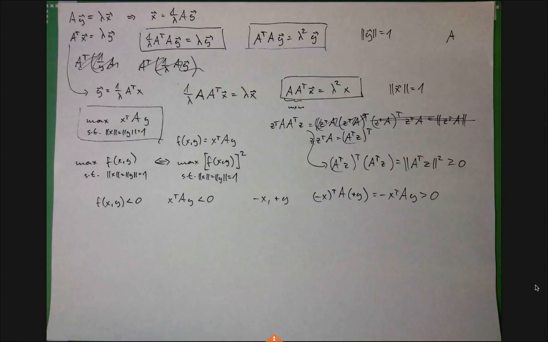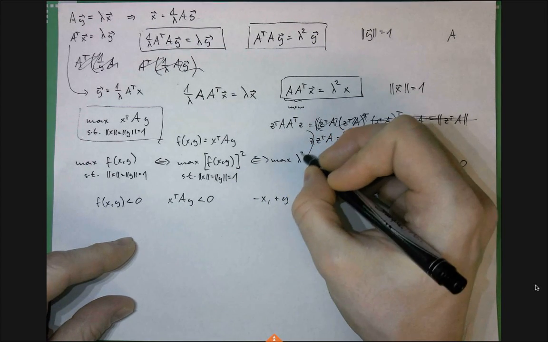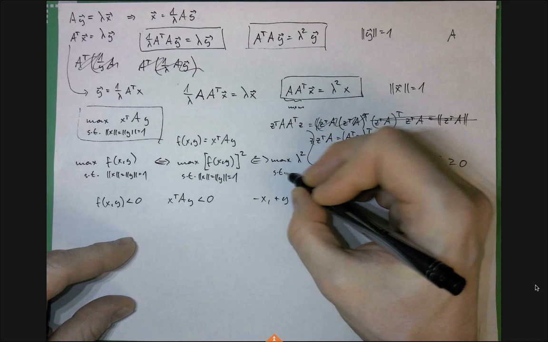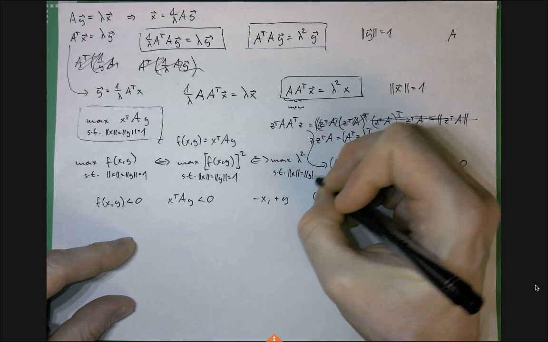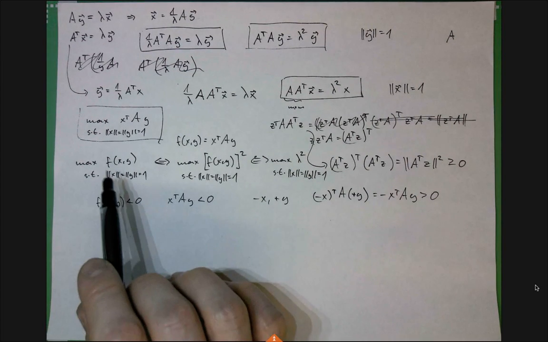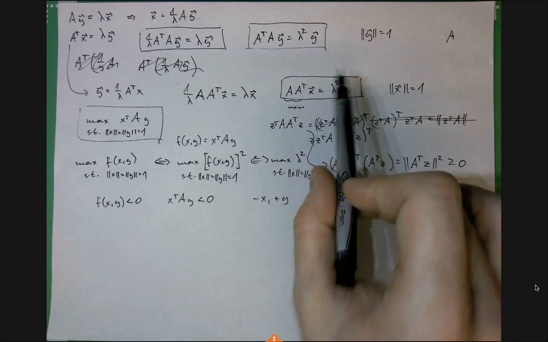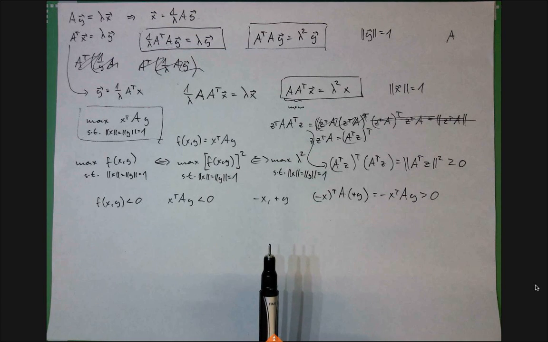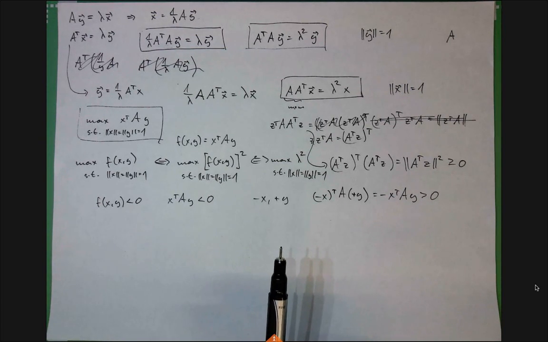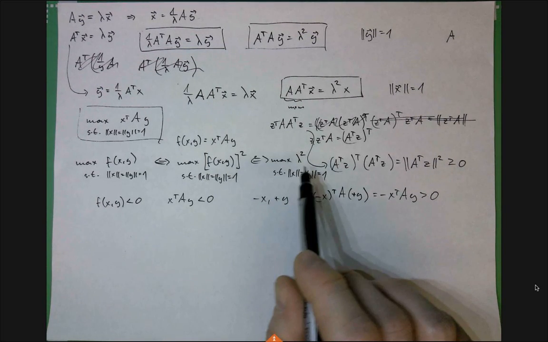So this is equivalent to maximizing our lambda squared, again subject to norm x equals norm y equals 1. To really find the true optimum of that problem, all we need to do is pick the eigenvalue which has the largest magnitude.